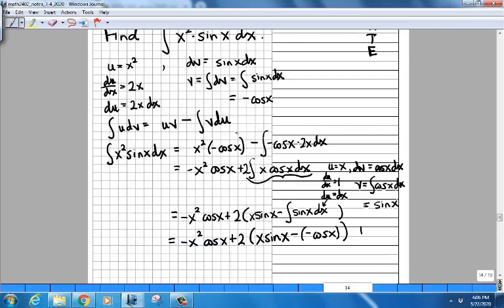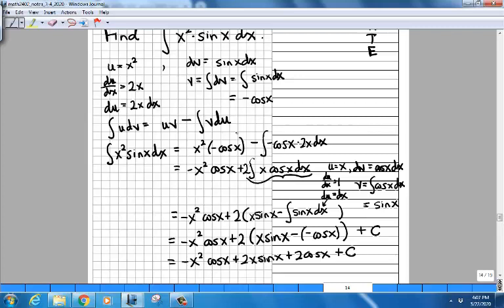Let's simplify this a little bit. So I have minus x squared times the cosine of x plus, let's distribute this 2. So I have 2x sine of x and then plus 2 cosine of x and then plus the constant. So there we have it. All the way back to the top, right?